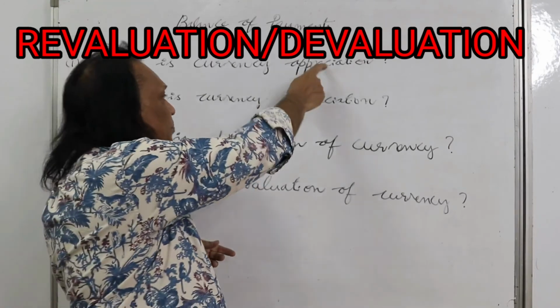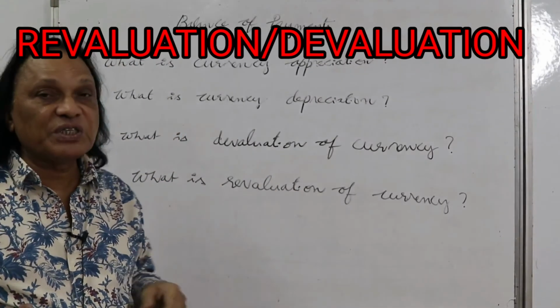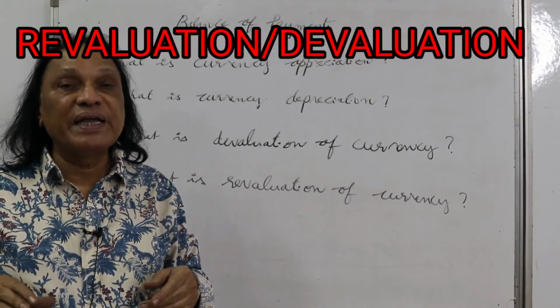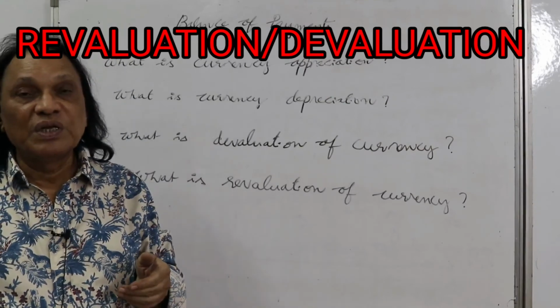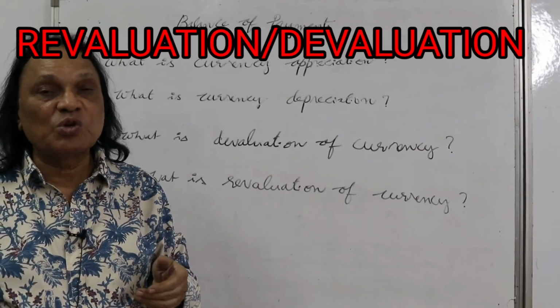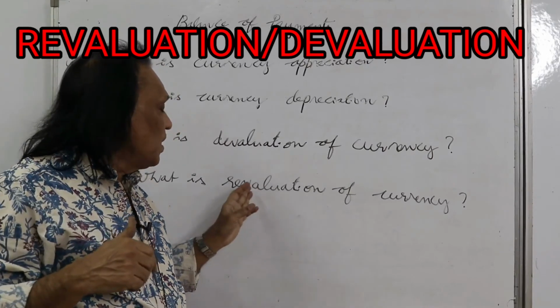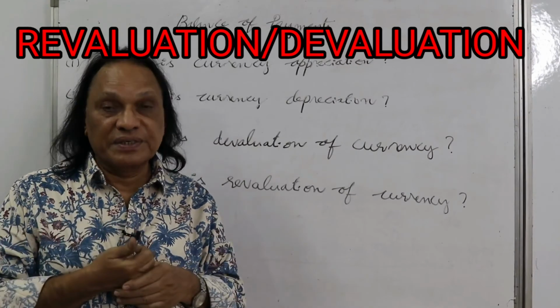The same way, appreciation, revaluation. What is revaluation? This term we use in a fixed exchange rate system. In this system, the central bank deliberately increases the value of our currency in terms of the foreign currencies. When they increase the value of our currency, that means they have to pay us more dollars, or their goods look cheaper to us, so our imports will increase.